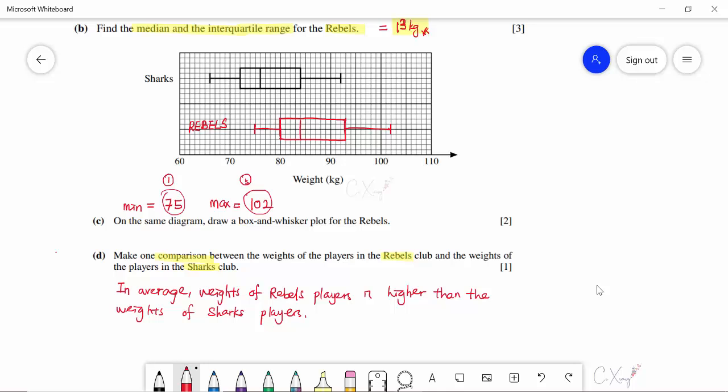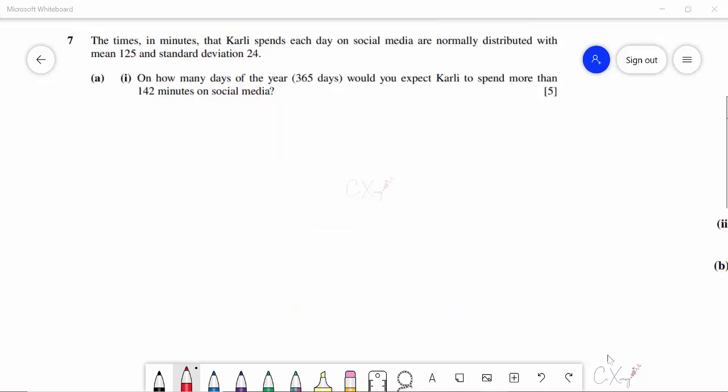Of course, you can write out a correct sentence based on any comparison that you can observe from the back-to-back template. Okay, all right, the last question.